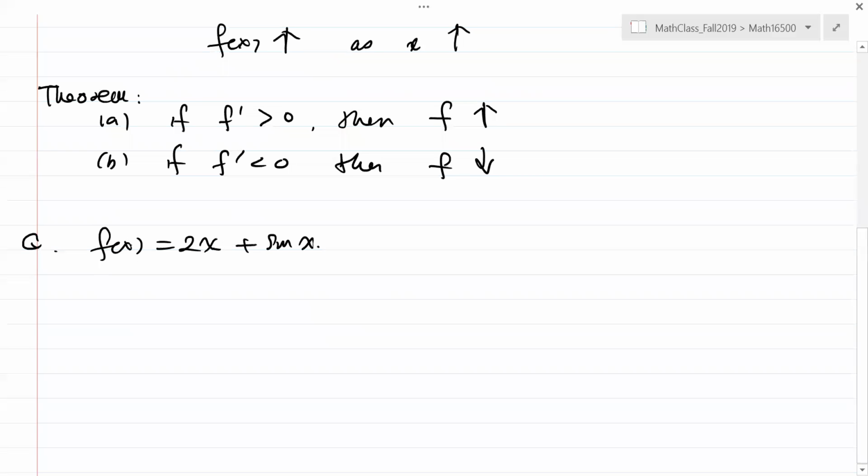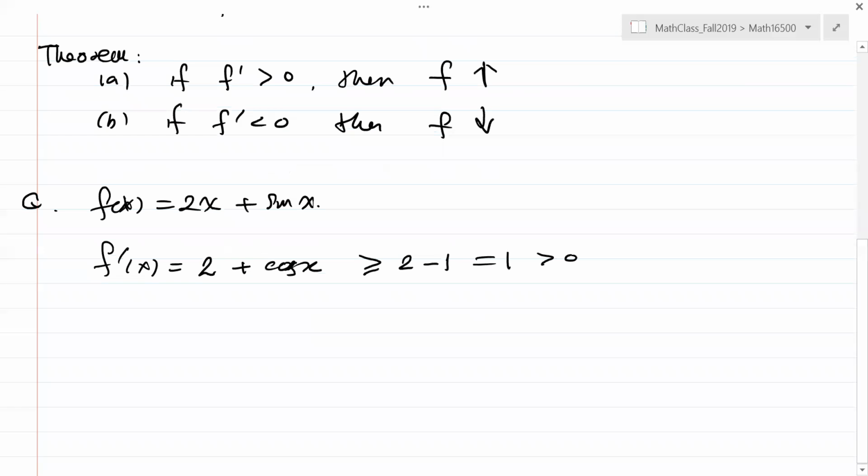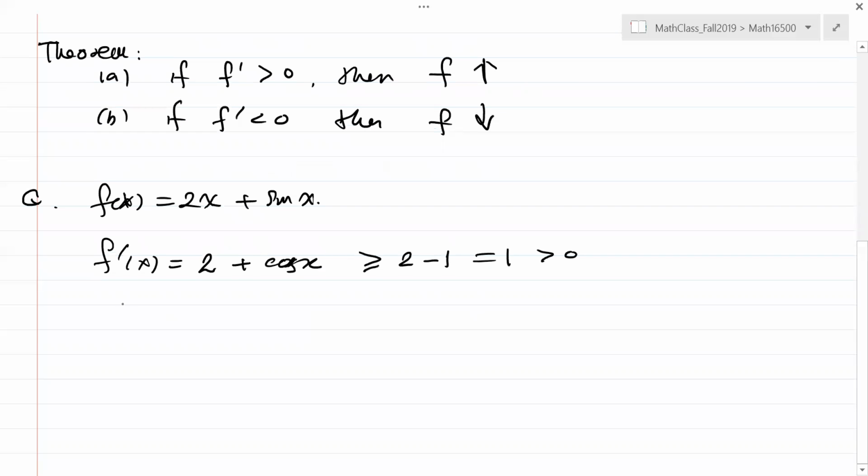We find the derivative: it's 2 plus cosine x. Since cosine x is never less than -1, 2 plus cosine x is greater than or equal to 1. It's positive, so the derivative is always positive. That implies the function is always increasing.